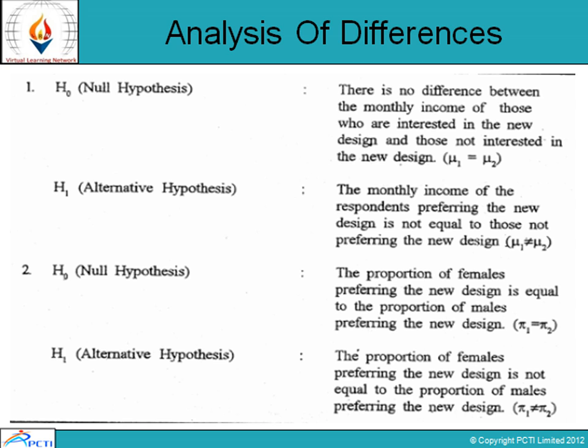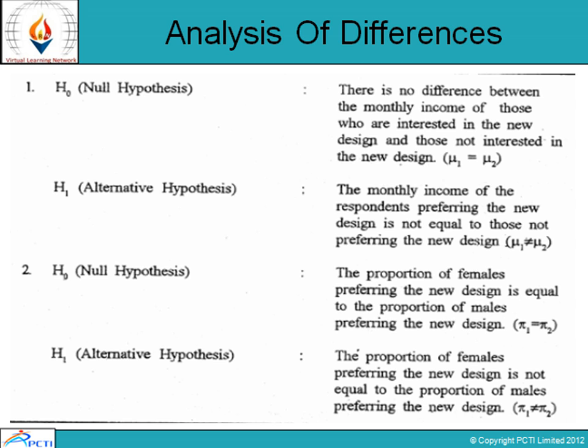Now, analysis of difference. When we talk about the null hypothesis, there is no difference between the monthly income of those who are interested in the new design and those who are not interested in the new design. When we talk about the alternate hypothesis, the monthly income of the respondents preferring the new design is not equal to that of those not preferring the new design.